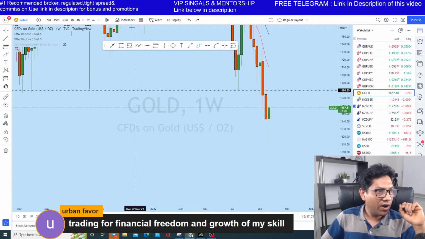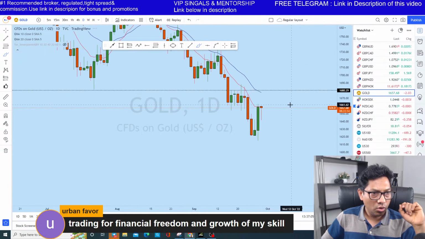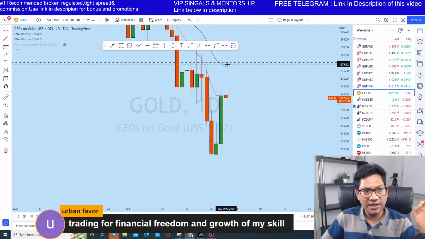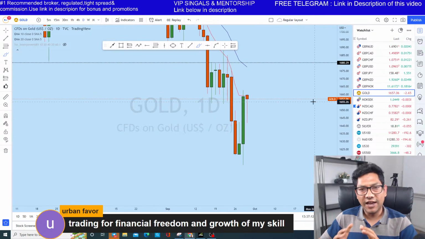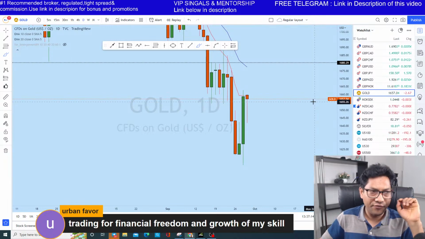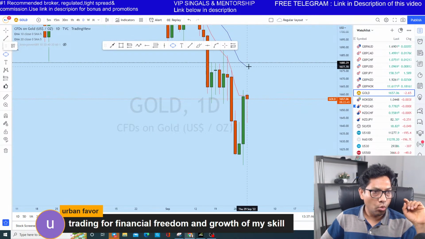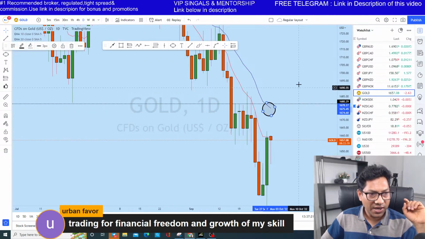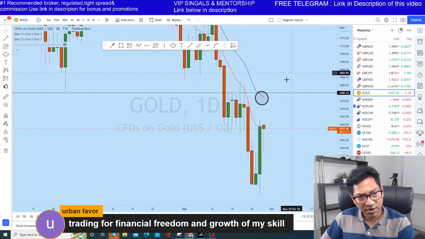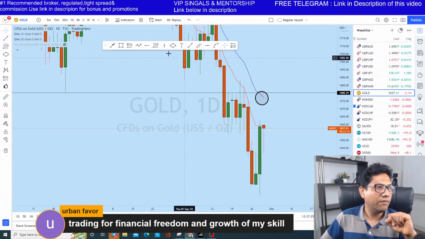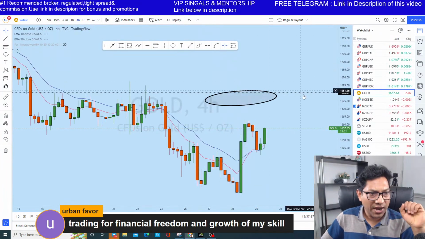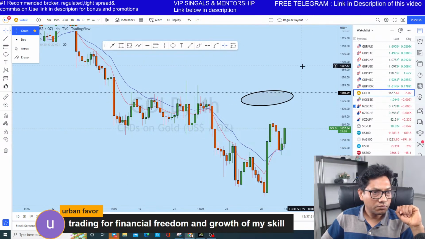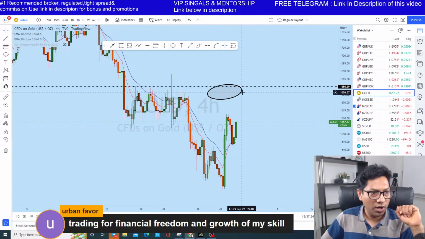Now if we convert that dotted line into daily, we see exactly in that zone there is a daily 20 period moving average, and that is the zone that I will sell everything for gold, okay? When on the daily time frame the price comes to this daily 20 period moving average, I will be watching the price action on the lower time frame, on the 4 hour or on the hourly.